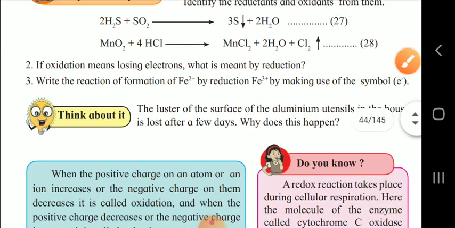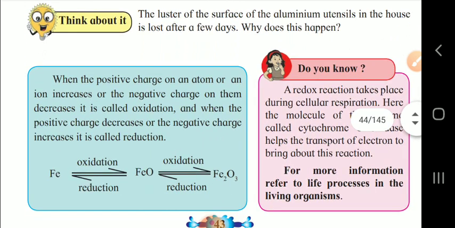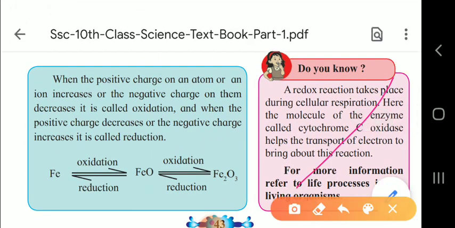Now we will see why the luster of the surface of an aluminium utensil in the house is lost after a few days. Why it is lost, we'll see now. First, this topic is cancelled for you, do you know? And here we'll see when the positive charge on an atom or an ion increases or the negative charge on them decreases, it is called oxidation.